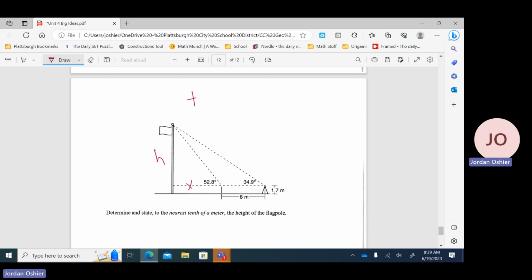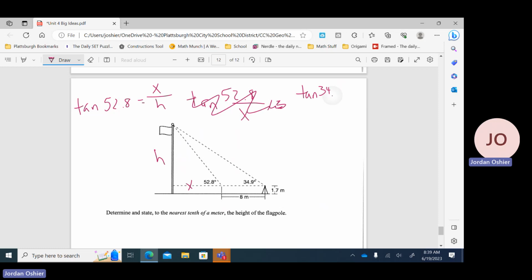You would set tangent of 52.8 equal to... excuse me, what did I just do? Tangent, let's try that again. Tangent of 52.8 is equal to X over H. There we go, opposite over adjacent.